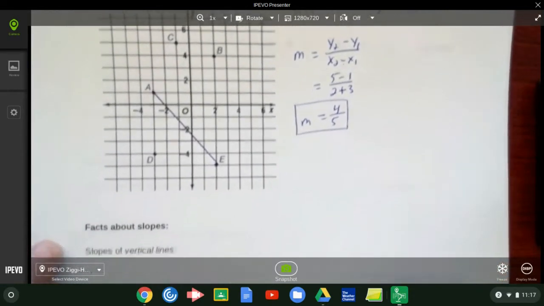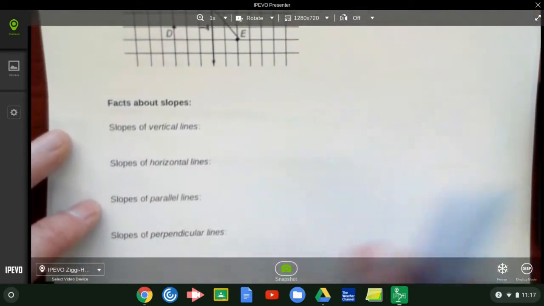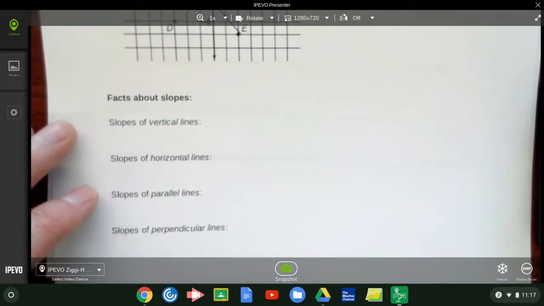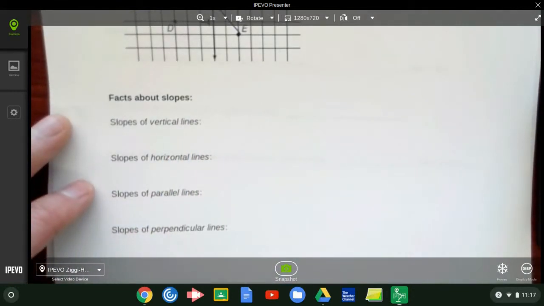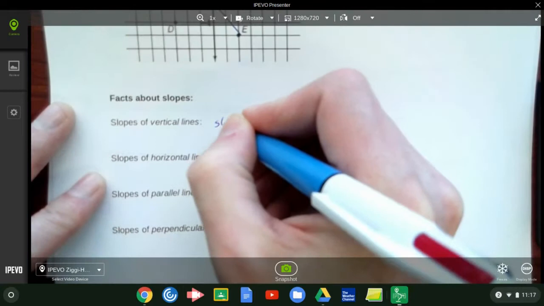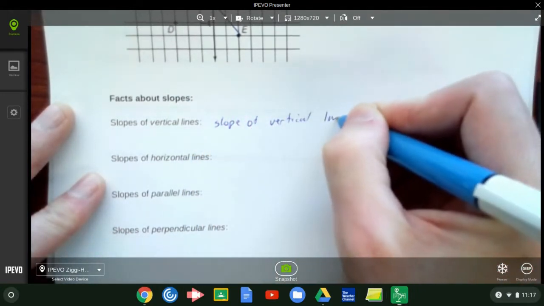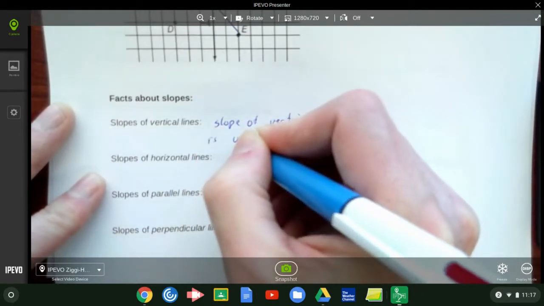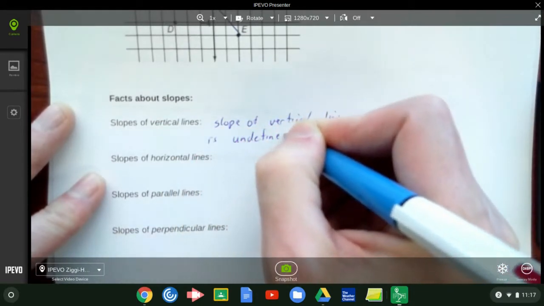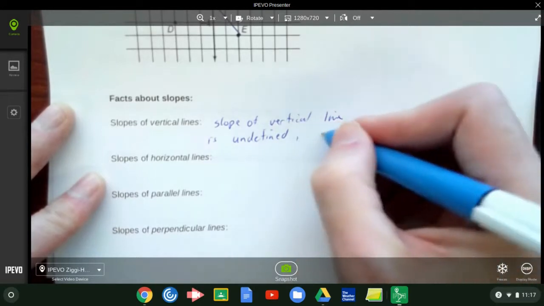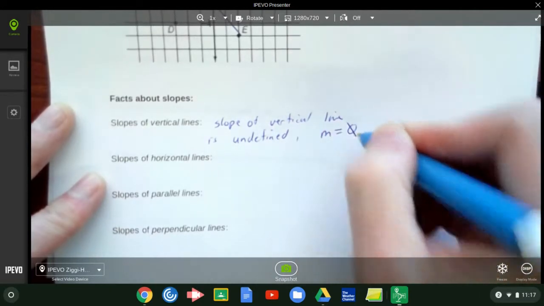So some facts about the slope. Slopes of vertical lines. Tell me what you know about slopes of vertical lines. Hopefully you said that the slope of a vertical line is undefined. Sometimes I'll write that as M equals null set.